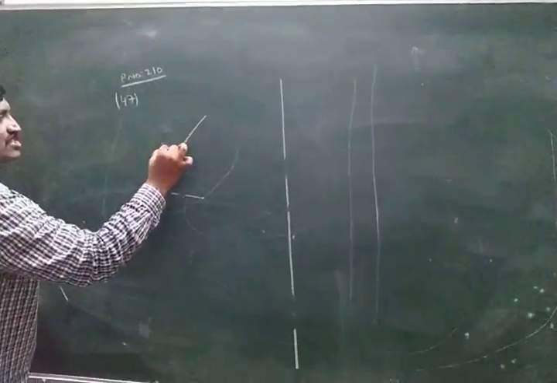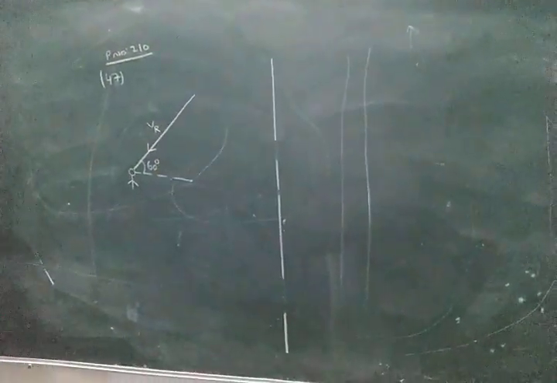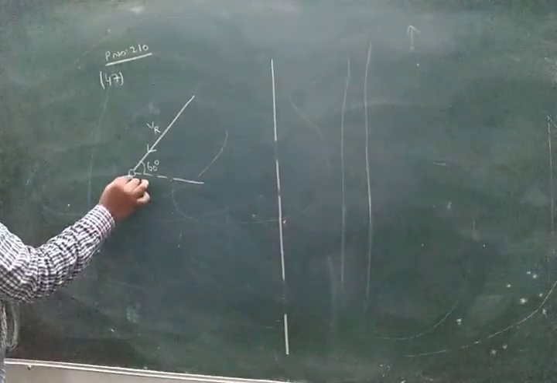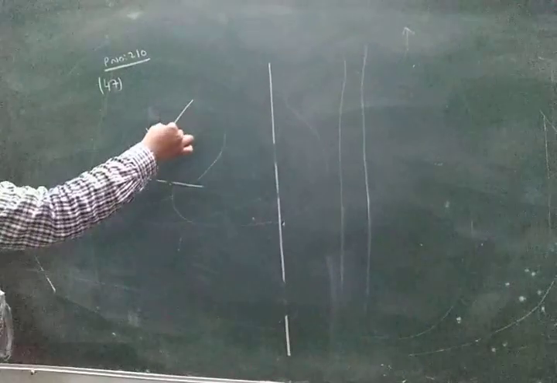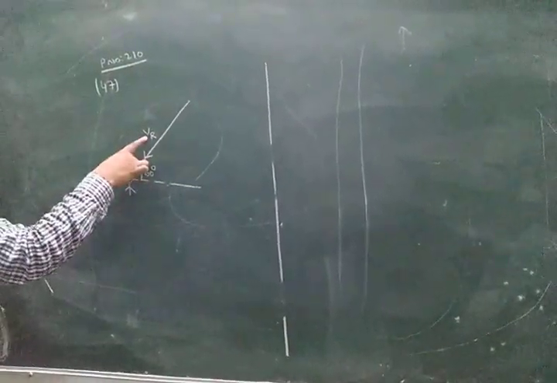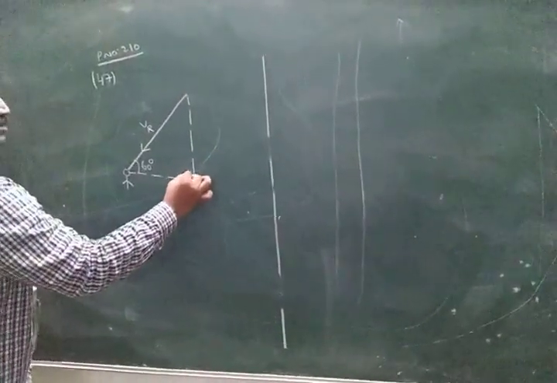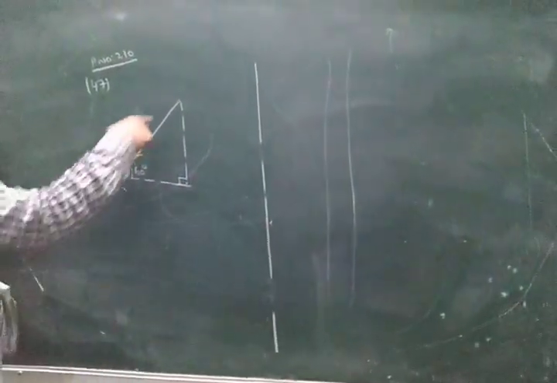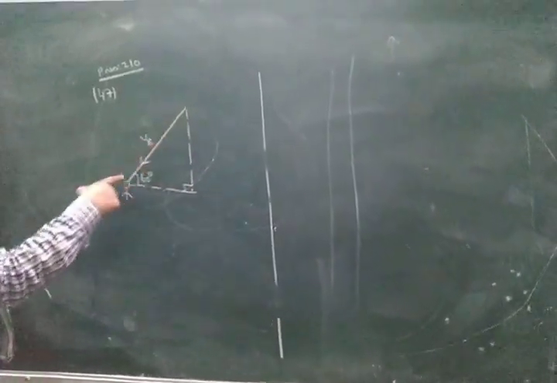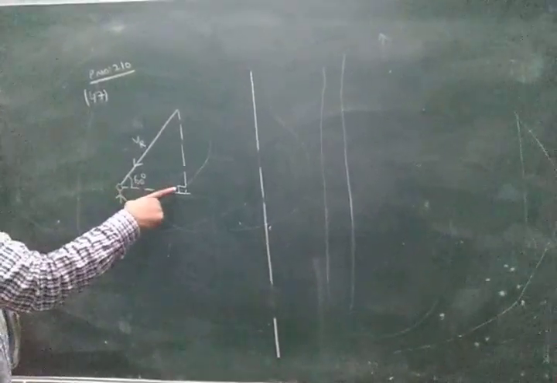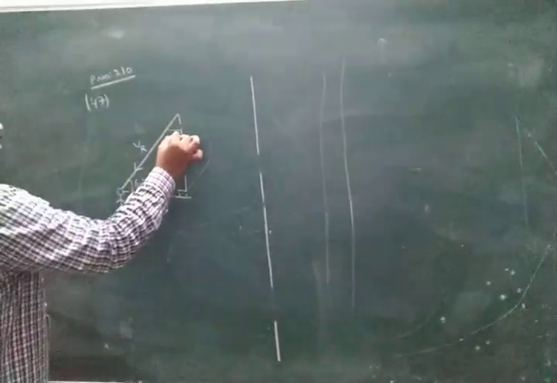So this is called the actual velocity of rain. Look at the diagram. We know that this angle is 90, and the total angle of a triangle is 180. This is 60, 90, so automatically this angle is 30 degrees.